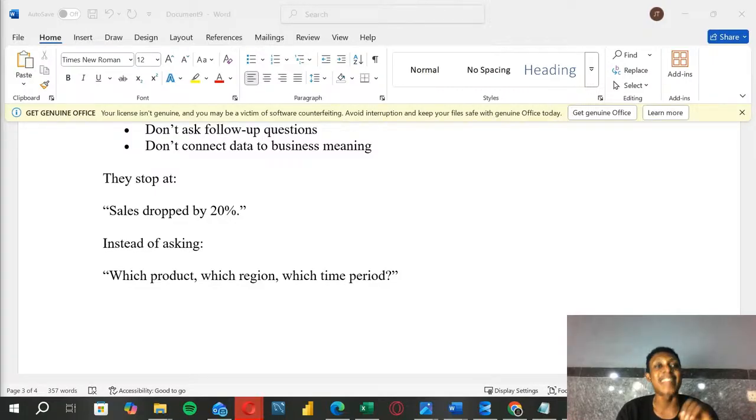If you're starting your data analysis career, you must understand descriptive analysis. If you know what descriptive analysis is, please drop it in the comment section.